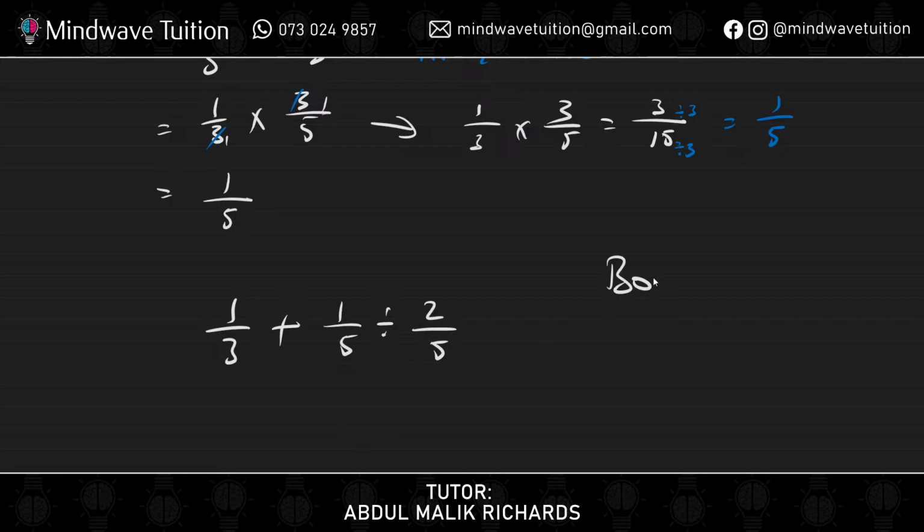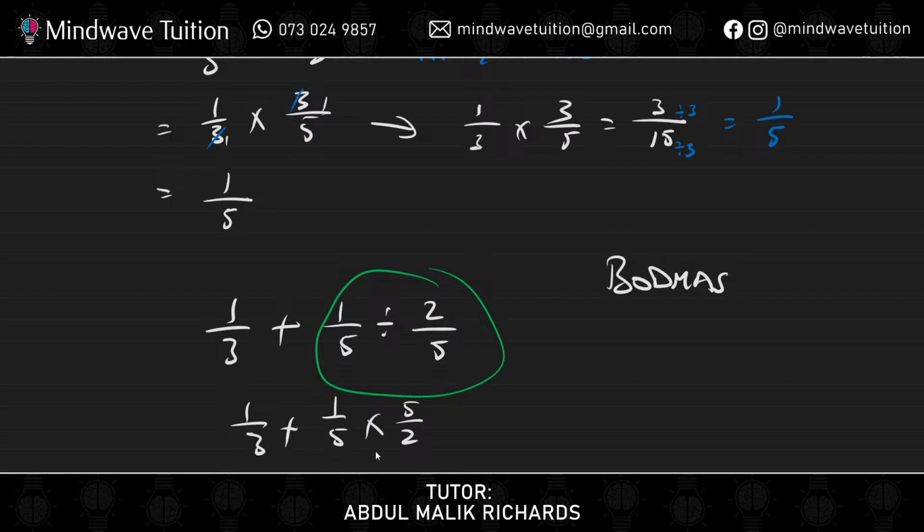Since division comes before addition, we have to focus on that section first. So you do want to change the division to multiplication, and then tip your second fraction and proceed to continue with BODMAS. Obviously multiplication first, and then we do addition. We'll go more into BODMAS later on in the week.